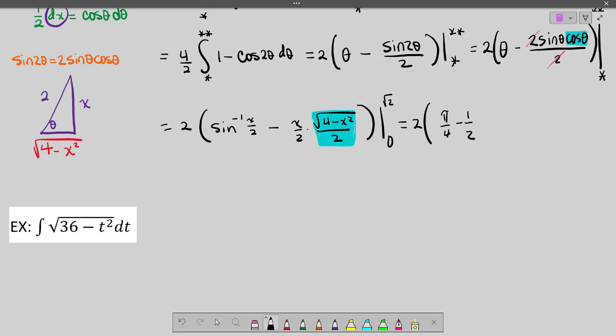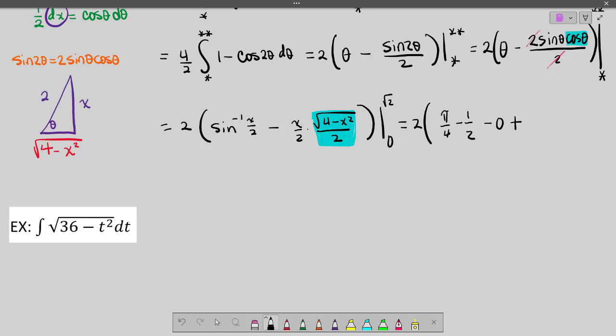And then we subtract off this antiderivative evaluated at 0. What's inverse sine of 0? That's the angle on the right with the sine of 0. Angle on the right with the sine of 0 is 0. So right there, that's going to be 0. And then we minus a minus, which gives us a plus.